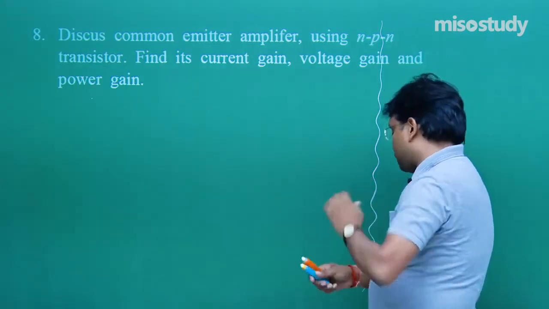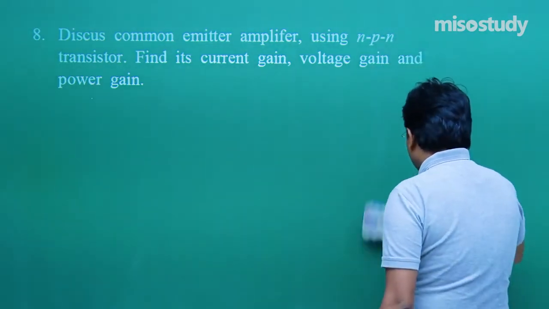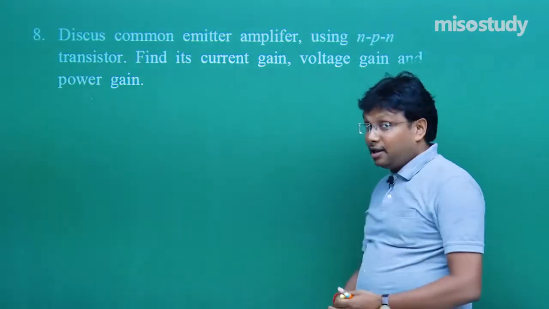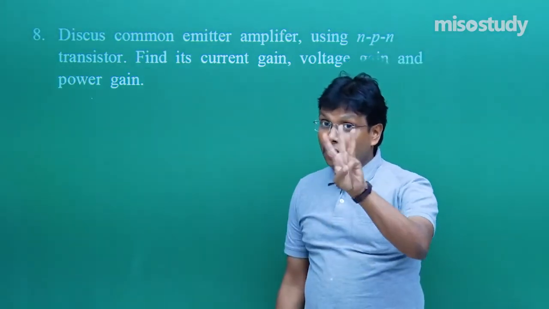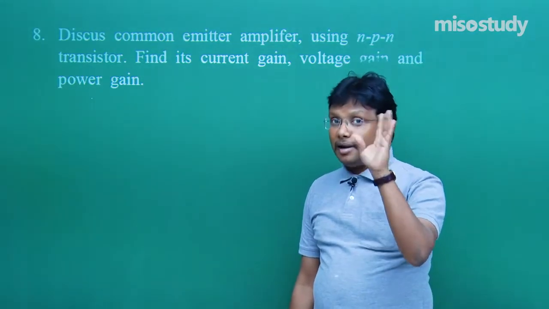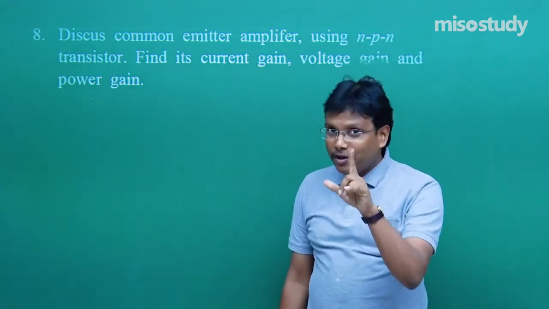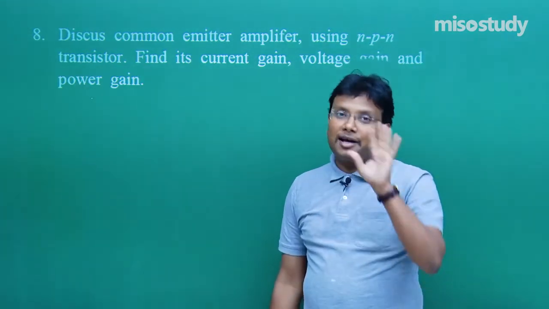For this question, once again I would like to say that in my videos I very categorically mentioned that there are 3 combinations possible: common base, common collector, common emitter. Common collector has gain nearly equal to unity, so no one likes to consider it.